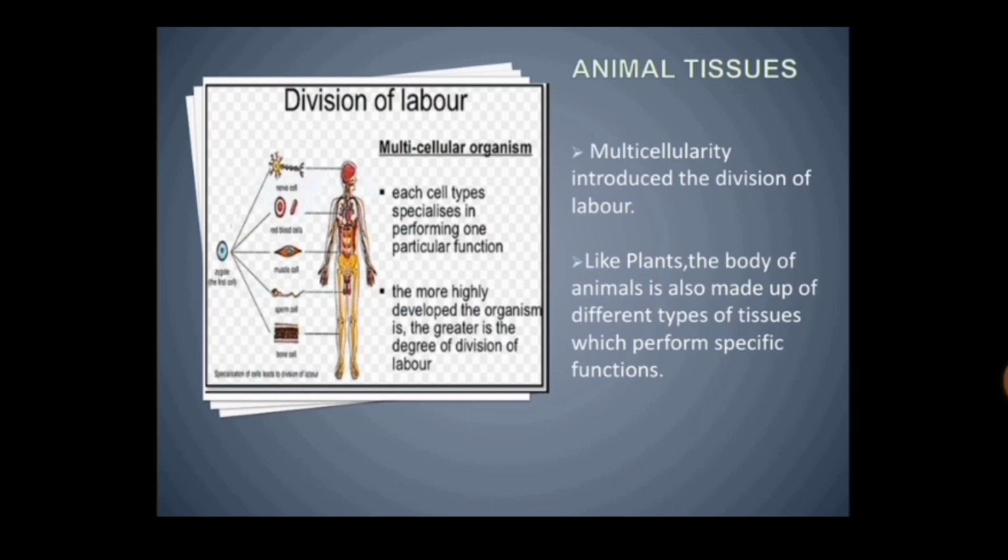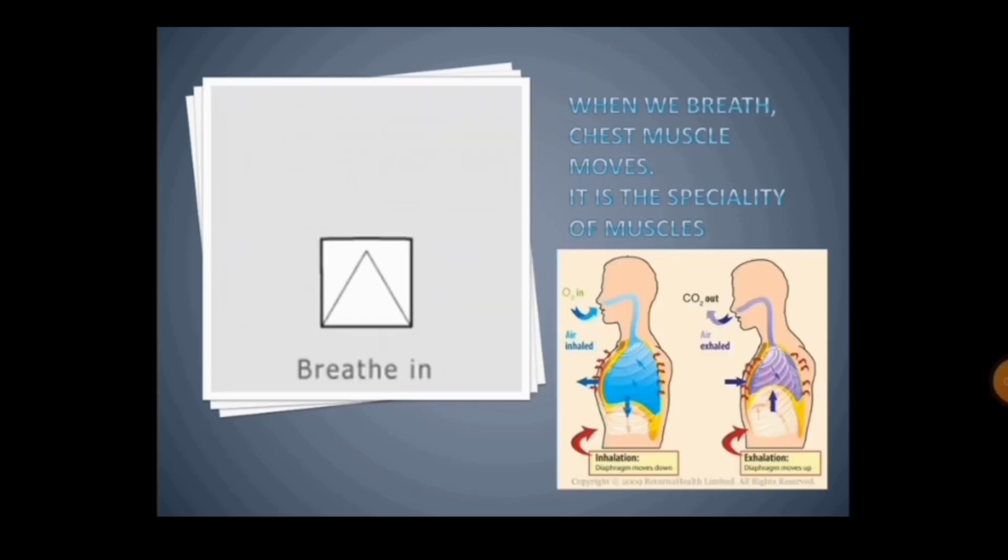Okay? Now let us try to understand what we are going to study with the help of an example from human beings. Let us take the example of the breathing process, which we all are aware of because it happens as a part of our existence, right? Now tell me, have you ever observed what happens when we breathe?